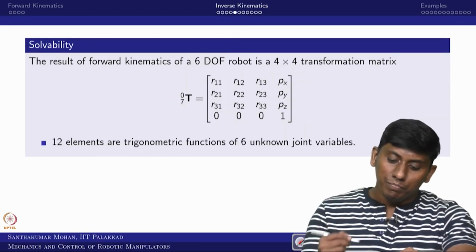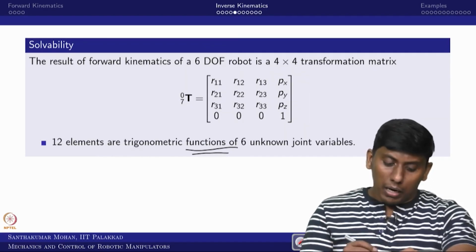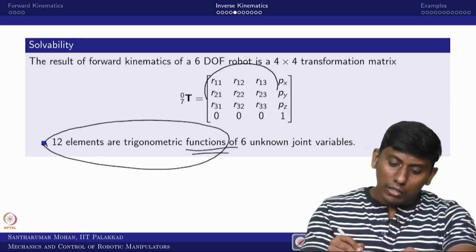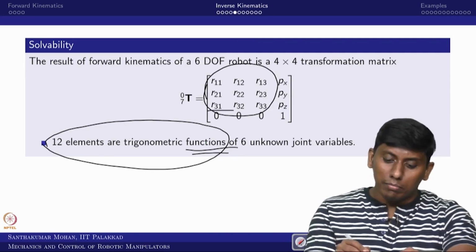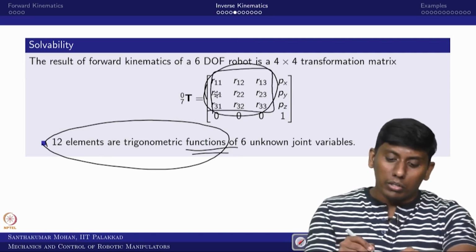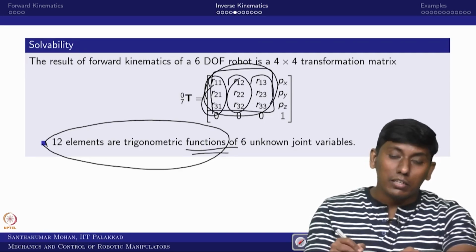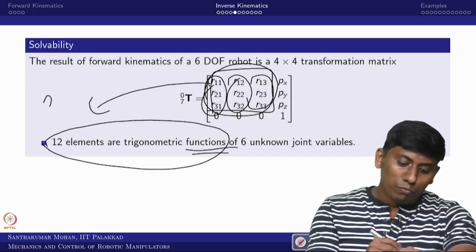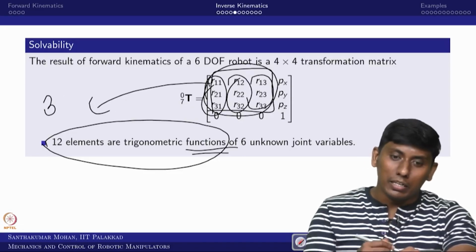6 unknowns, right. These are trigonometric functions, and further you know that this is an orthogonal matrix. This matrix is orthogonal, and what does that mean? It has orthonormal vectors. So out of this, what can you get? The only useful form is 3 independent equations.